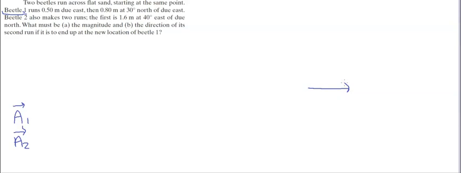The first one goes 0.5 meters directly east, so that's just in the positive x direction, and then it goes 0.8 meters at a 30-degree angle, something like this, and this is not drawn to scale. So there's 30 degrees, and that is 0.80 meters.